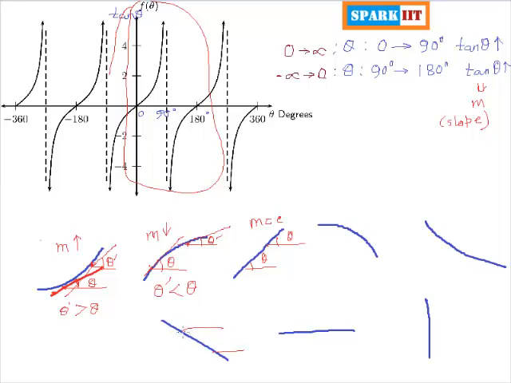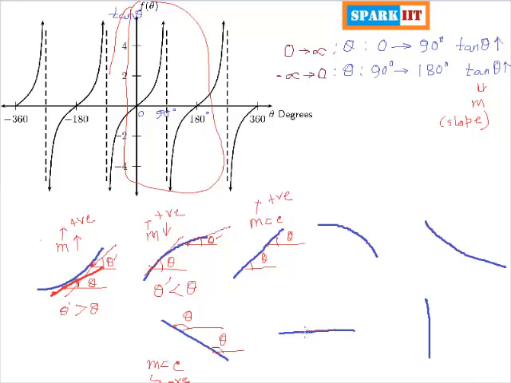In this case also m is constant, but as theta is greater than 90 degree in this position, it is negative. So m is negative. We can also infer that here m was positive, increasing but positive, here also positive, here constant, positive.